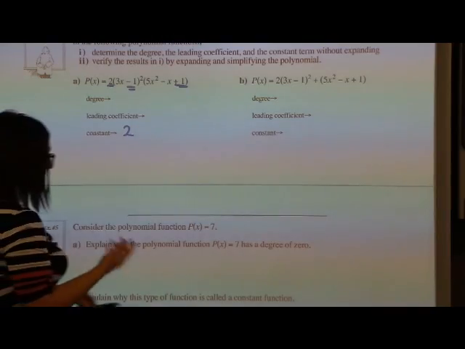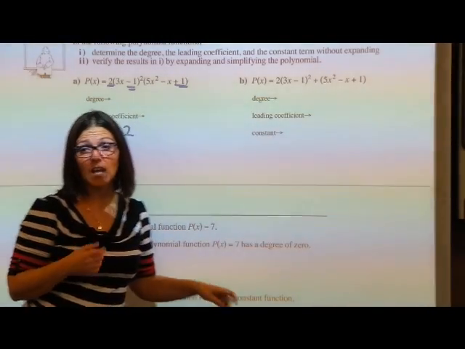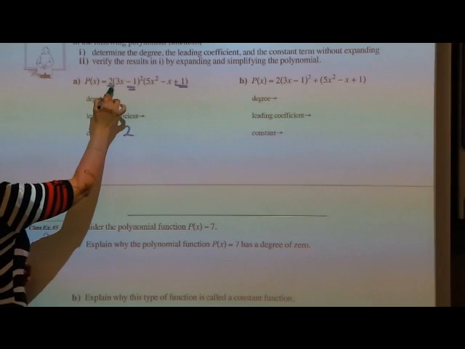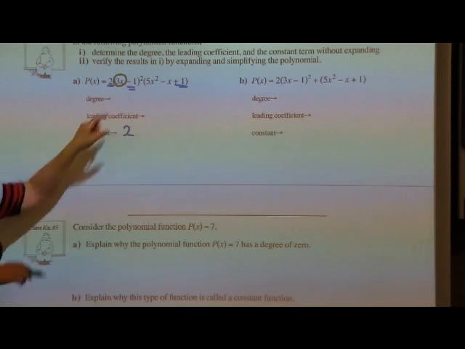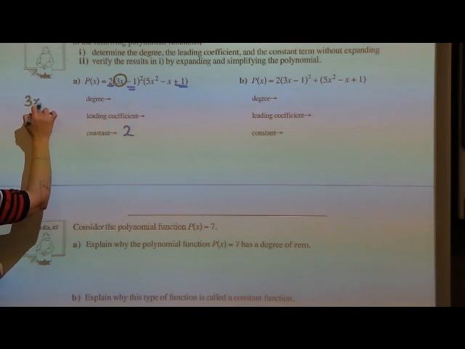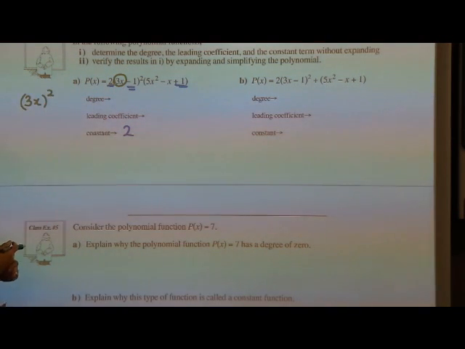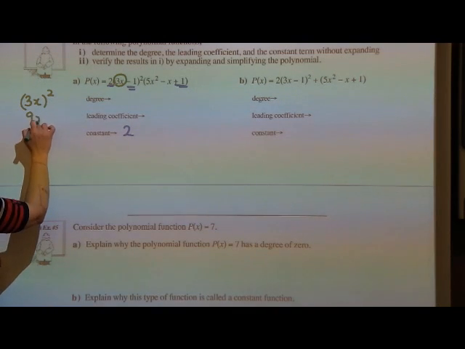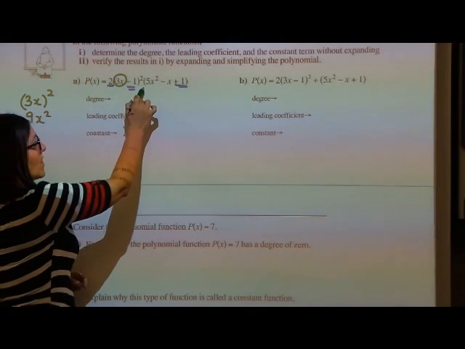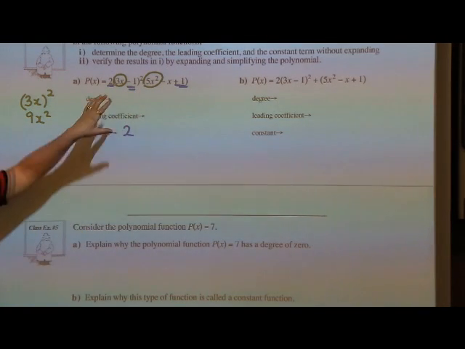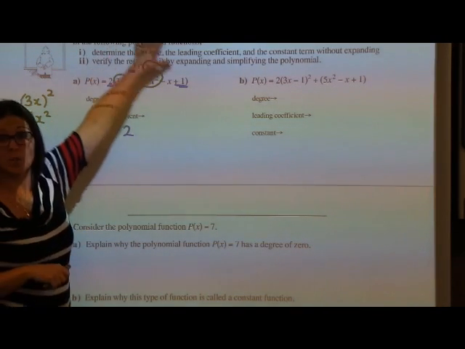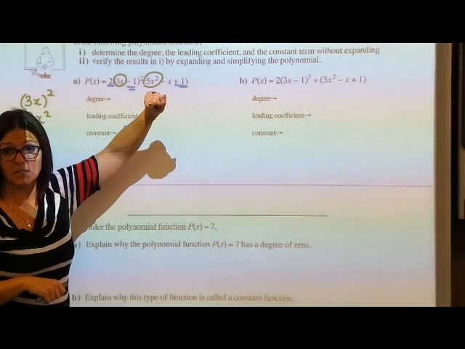To get that leading coefficient and that degree, I'm going to take the x term and square it. So 3x squared would give me 9x squared, which I then am going to multiply by 5x squared, because that's the next highest, because I'm going to have to take this and multiply it by that eventually anyways.